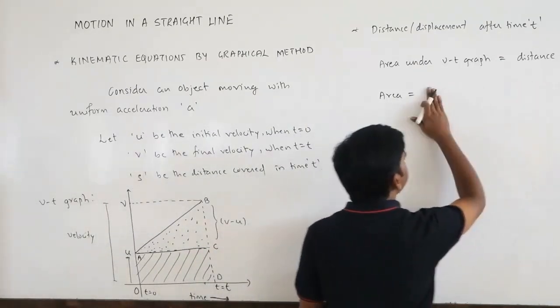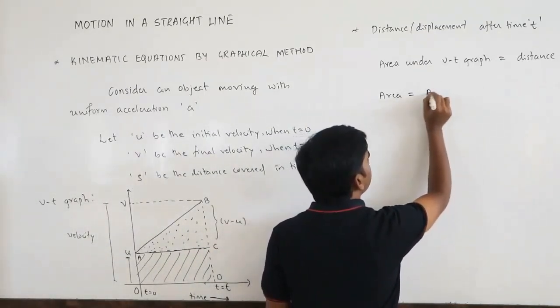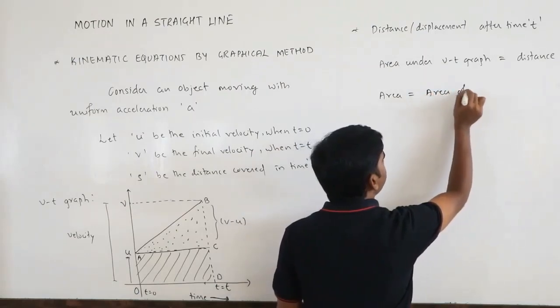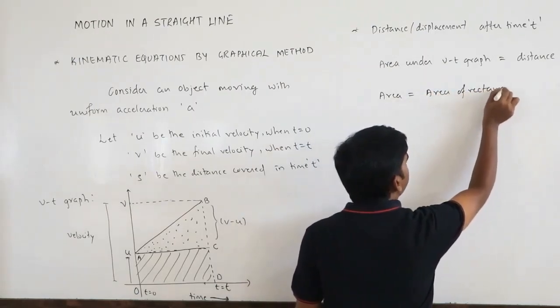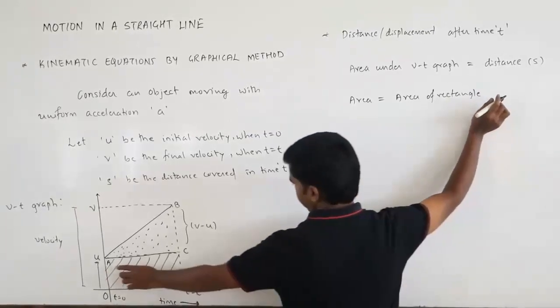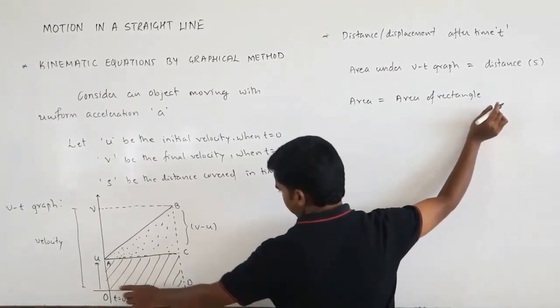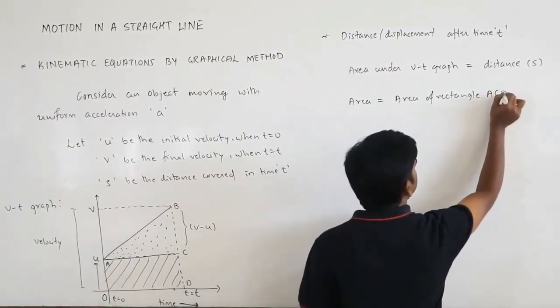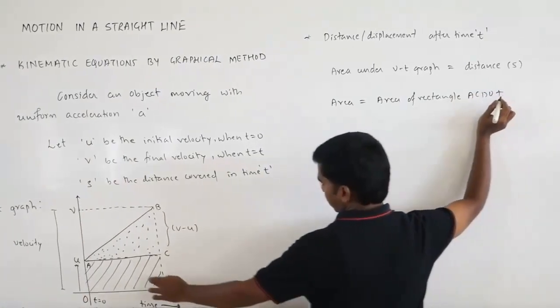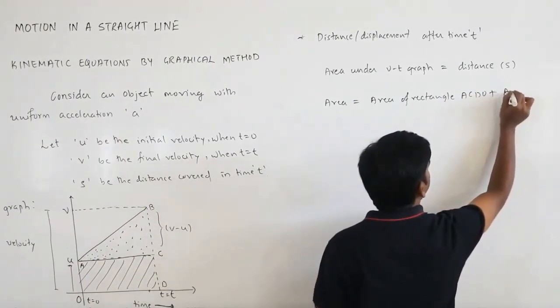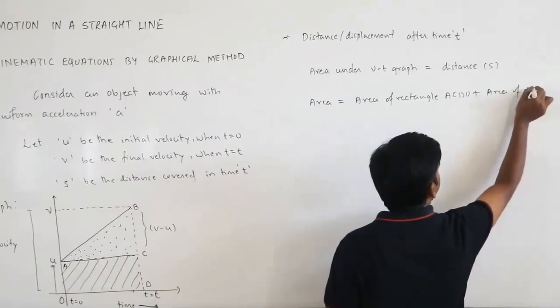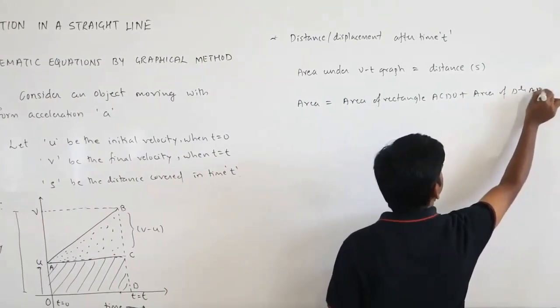So what can I write? I will write the area of rectangle ACDO plus the area of triangle ABC.